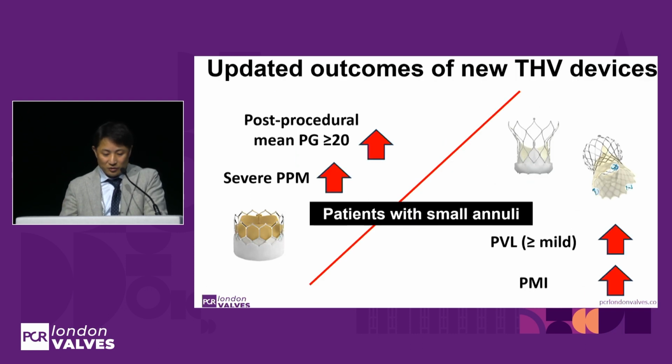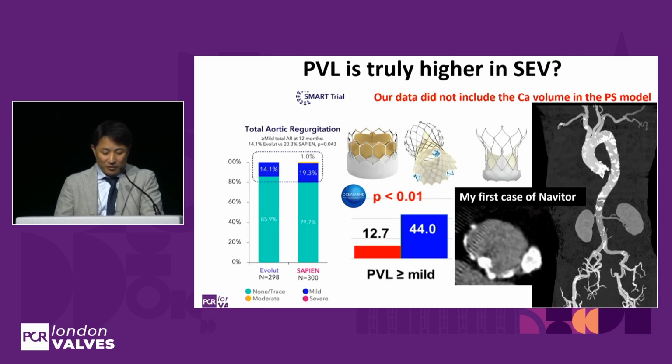So the conclusion is updated outcomes of the latest generation THV valves. Better hemodynamics can be achieved if we choose a self-expandable valve series, but the trade-off is higher rates of PVL and pacemaker implantation. PVL is truly higher in the self-expandable valve, so we need to consider this again. The RCT clearly showed no significant difference in the rates of mild PVL.